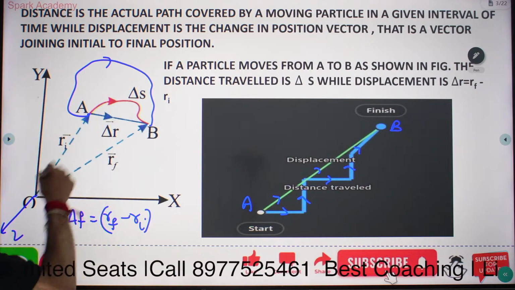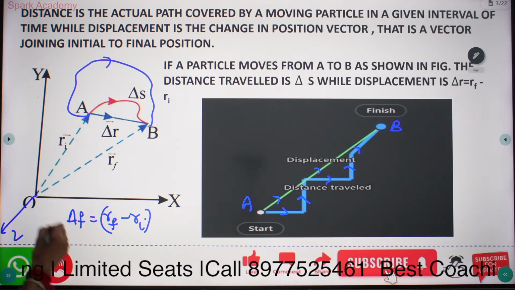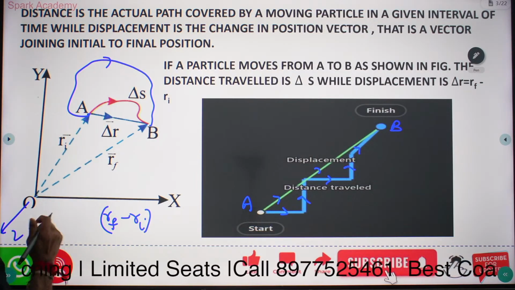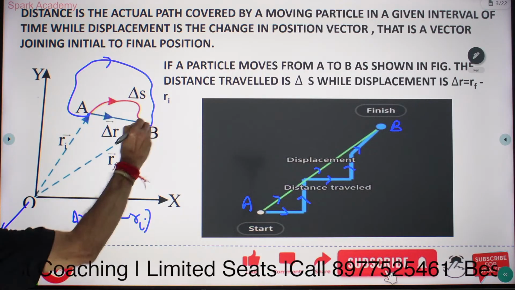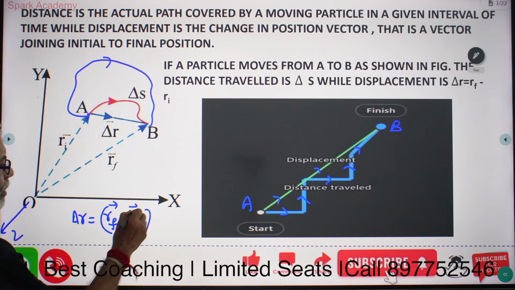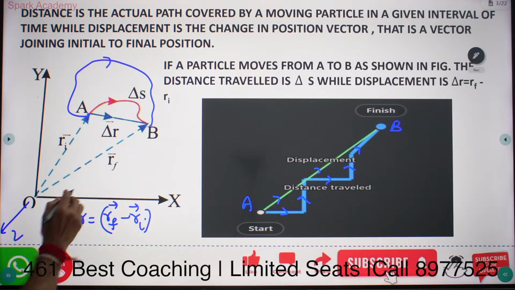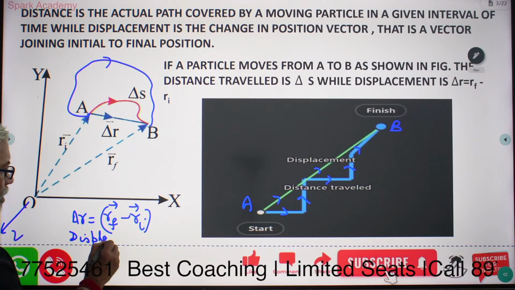Otherwise, you can apply the triangle law: this plus this is equal to this. So you can find del R. If you want, you can put an arrow on the Ri and Rf. So this is your displacement.